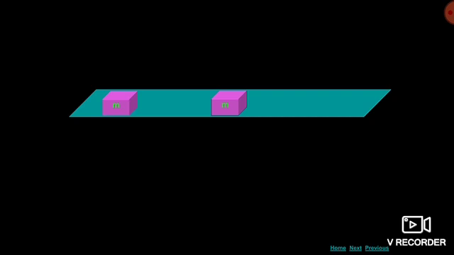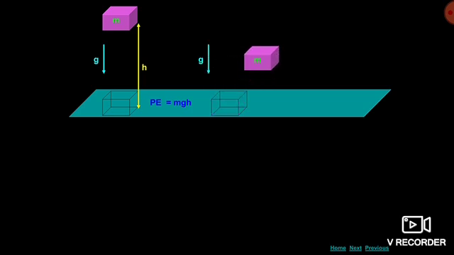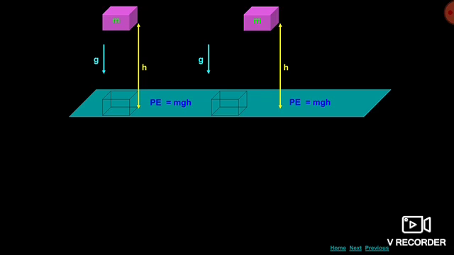Now again we can see there are two blocks. One block we have taken up, gravity is acting downward, height is h, potential energy possessed by it is mgh. Again this block is displaced to another position. Again height is h.